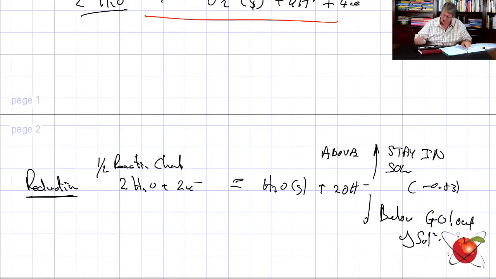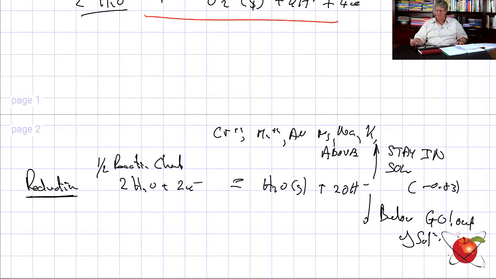You can see what is above it over here is chromium plus 2, Mn plus 2, aluminium, magnesium, sodium, potassium. So all of those are above. They will stay in solution. You won't get them out.